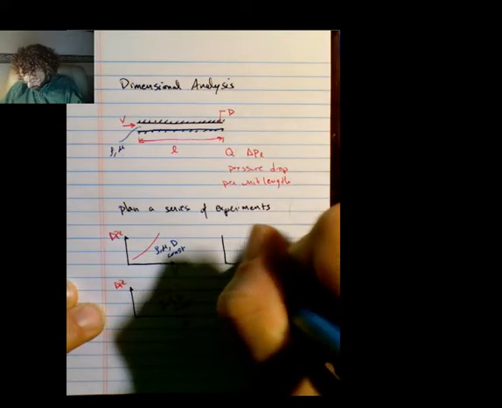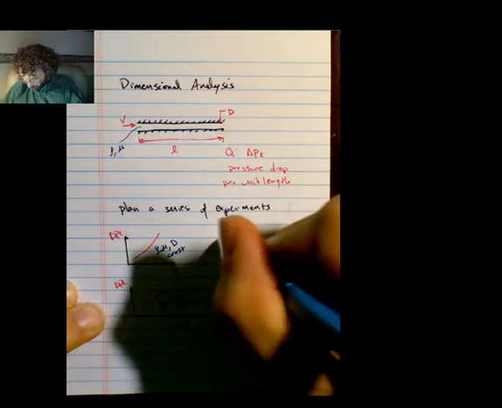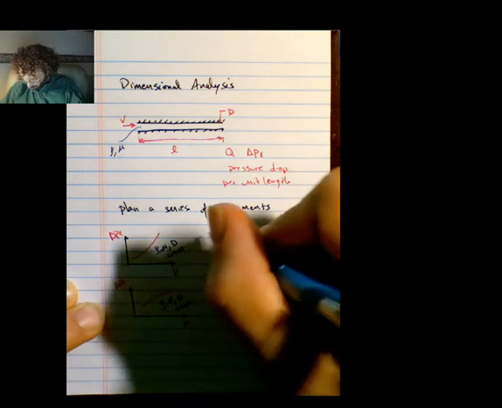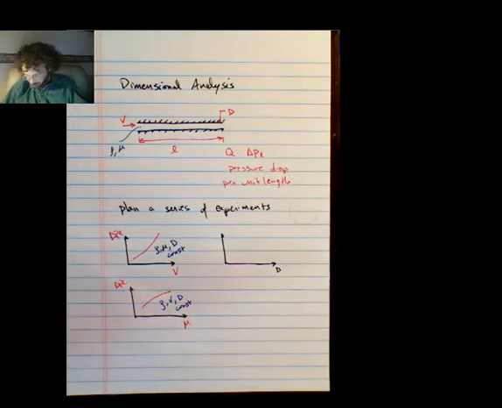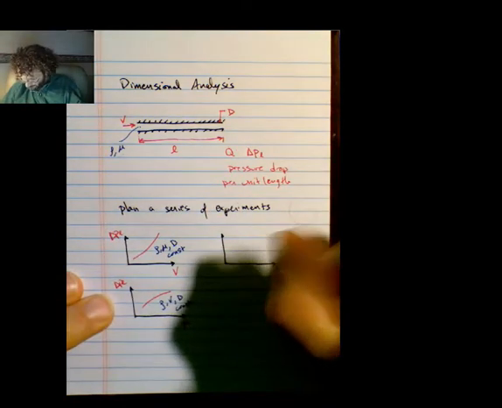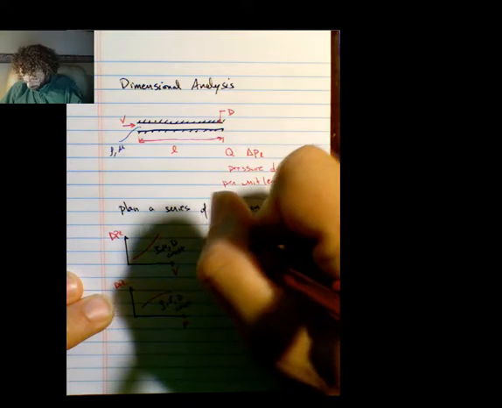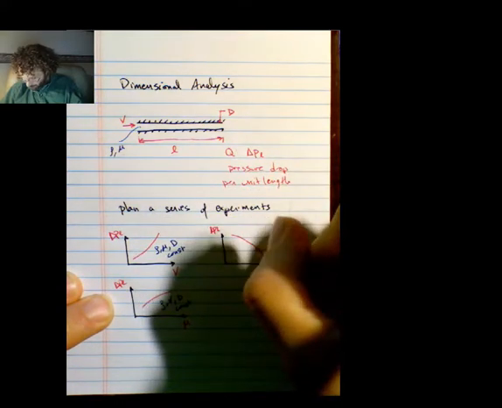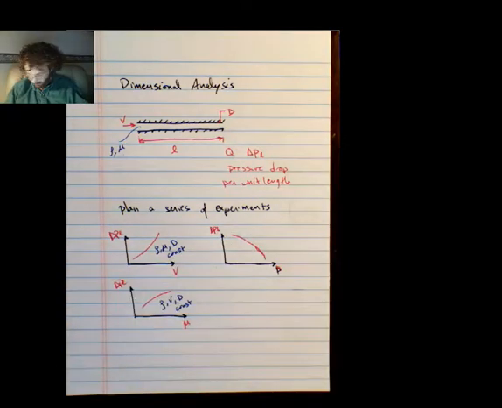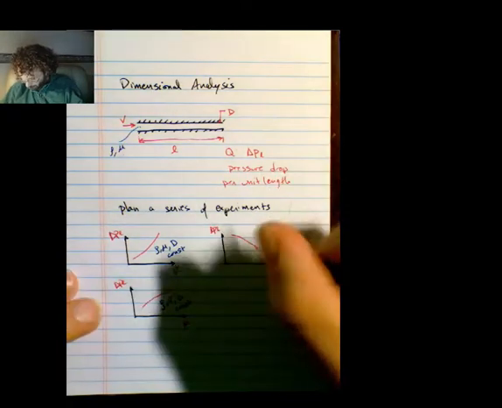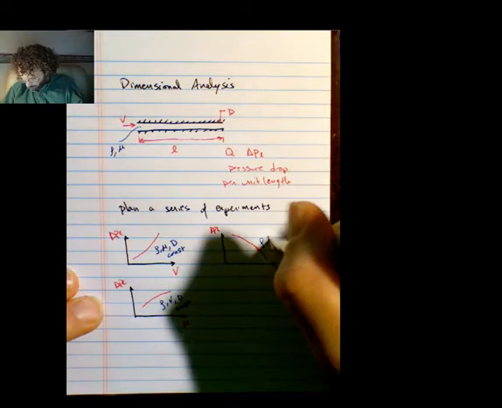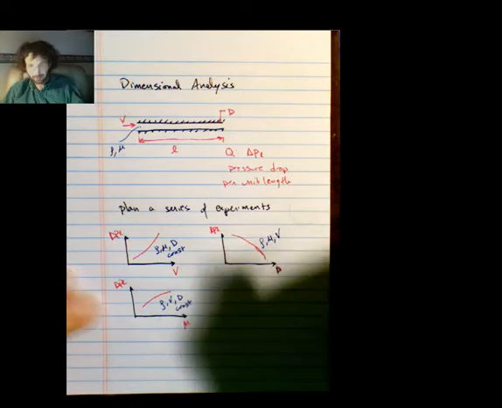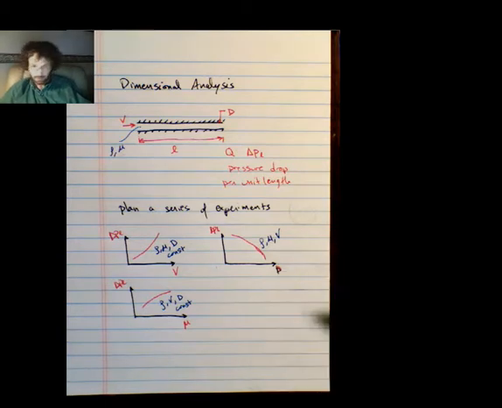Diameter. Clearly, you would expect to have less pressure drop for larger diameters, but we could do a little experiment here. Calculate our delta P sub L. We'd expect it to go down, probably less force required to push through larger diameters, and we'd keep rho, viscosity, and velocity constant as we changed diameter.